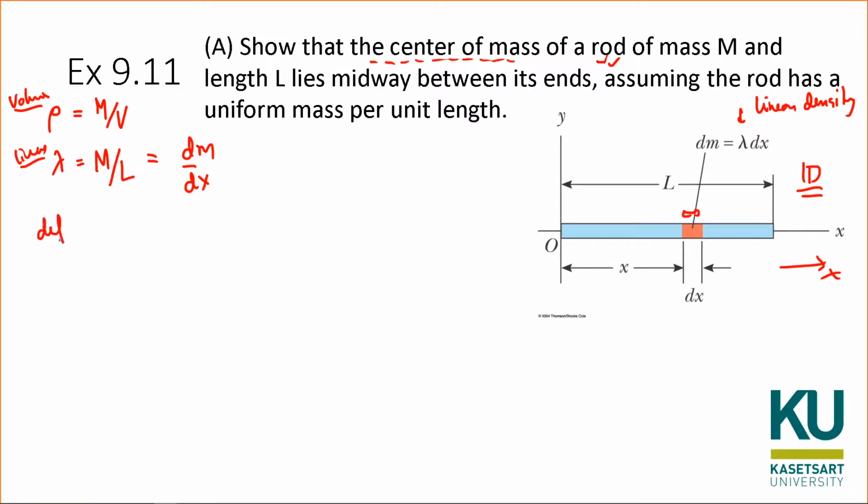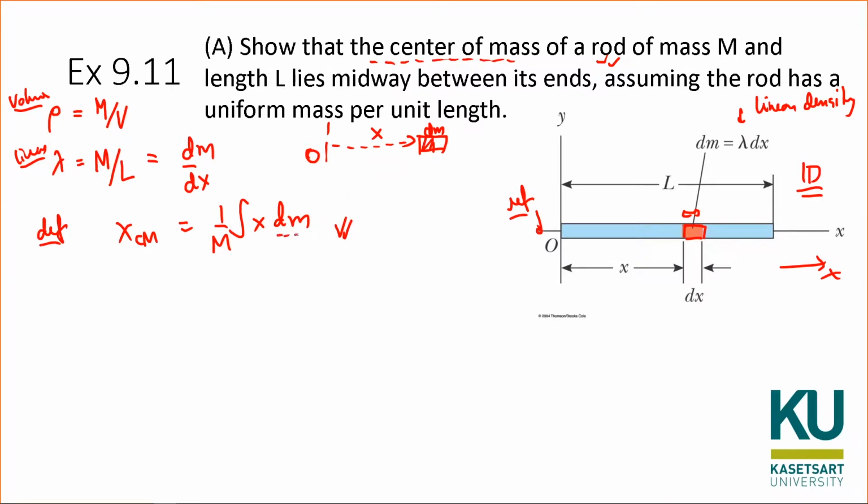From the definition, to find x_CM for a continuous mass, we have 1 over m integrate x dm. Now we look at this small particle as dm, and x is the distance away from the origin that we use as a reference. Now you try to do the integration.